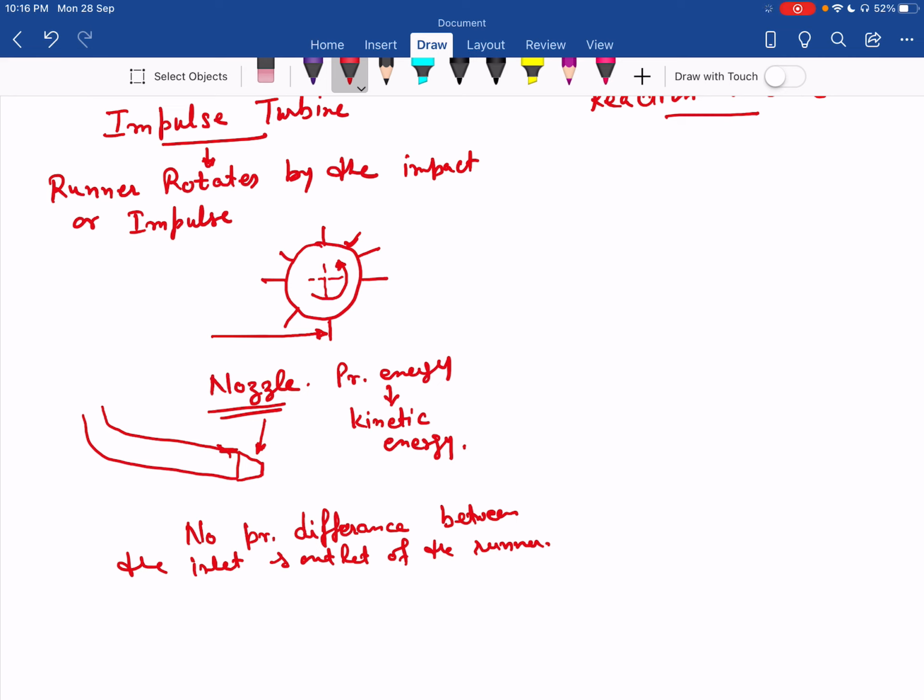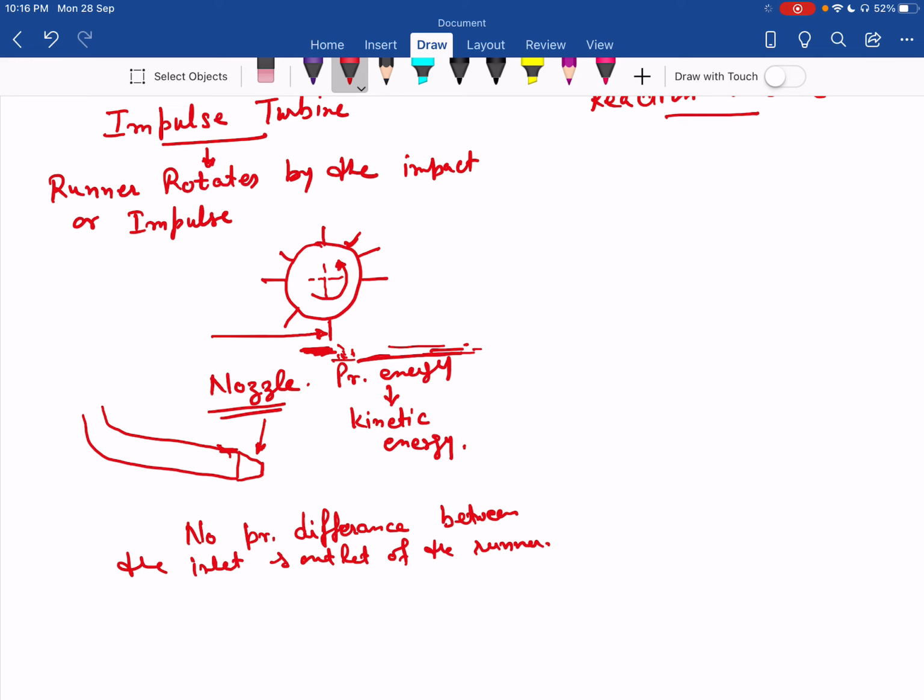You can see here the jet strikes at the surrounding atmospheric pressure, and it also leaves after striking, it goes down and moves to the tail race.